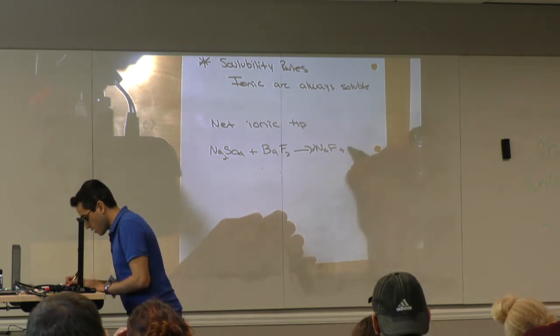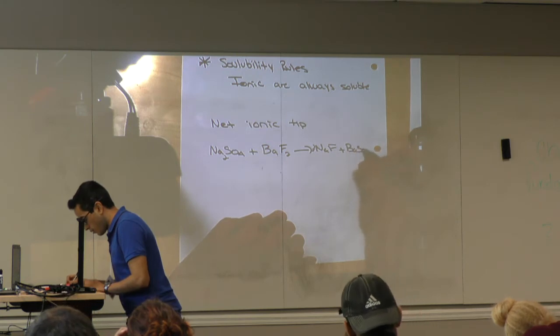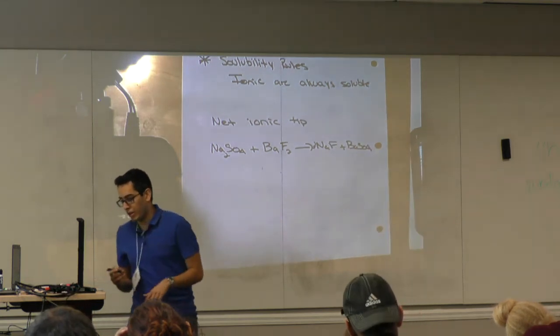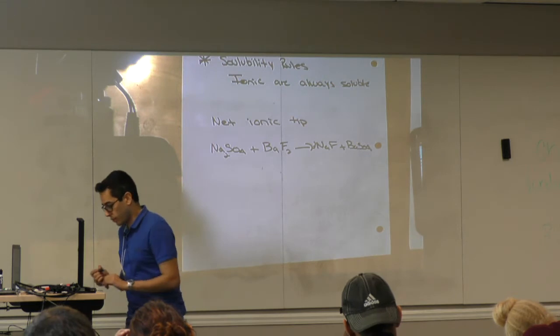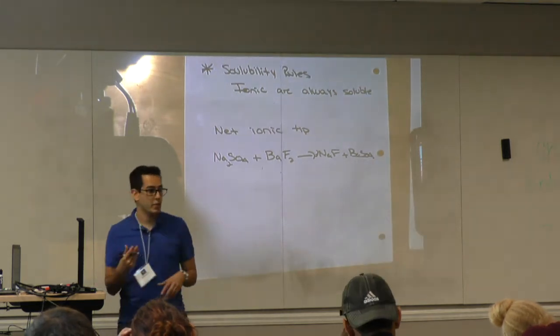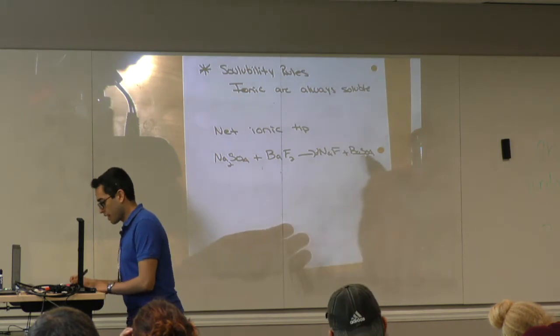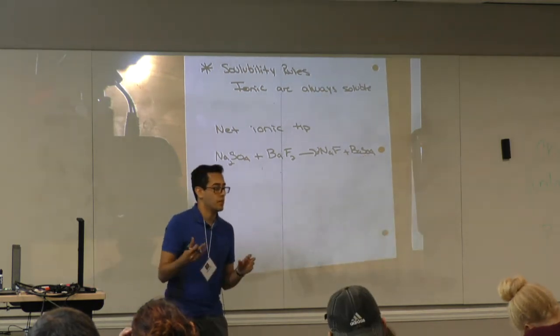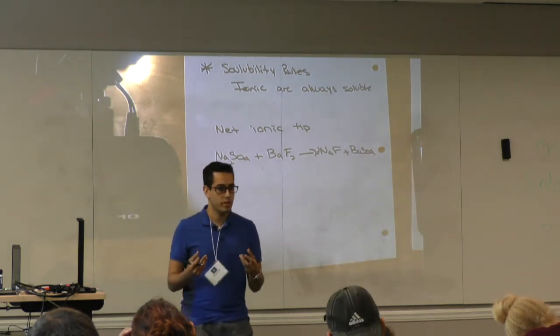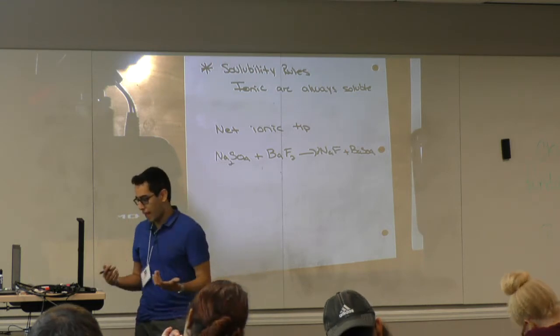plus BaSO4. Now, we know, because of solubility rules, that Ba, when it's matched with SO4, it's insoluble. So this will be together. But Na and F, or sodium and fluorine, they're ionic, nonmetal metal, they will be soluble.